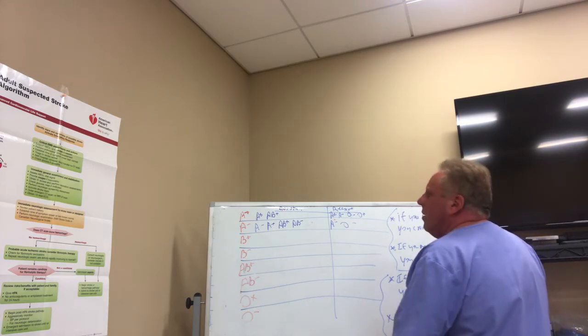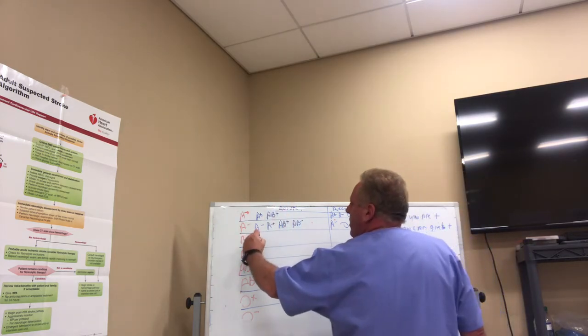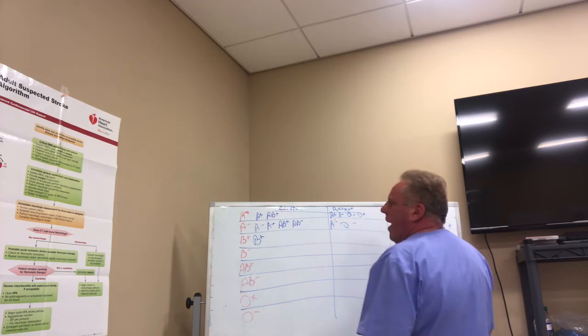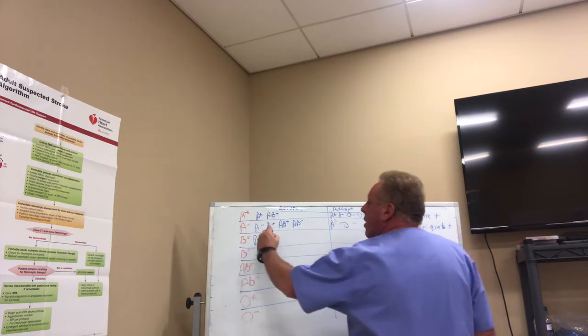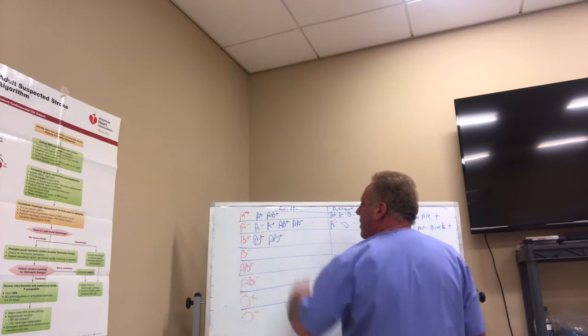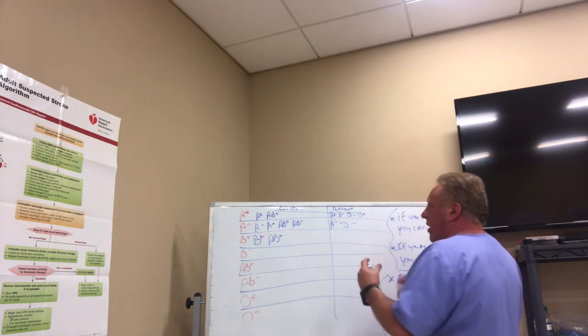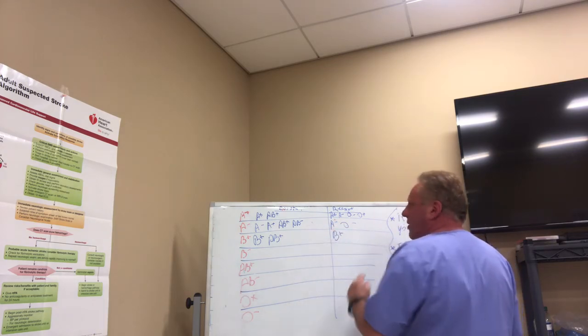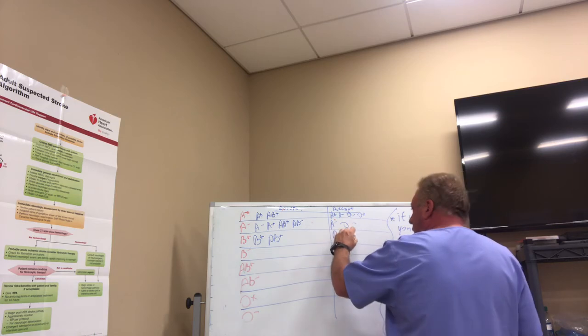Okay. So B positives, donate. You can always donate to B positives, right? Who else can we donate to? We can only give to positives. So AB positives, right? That's it. I can only give to these people. Now, what about receiving? I can always take B positives. Who else can I take from? O positives.